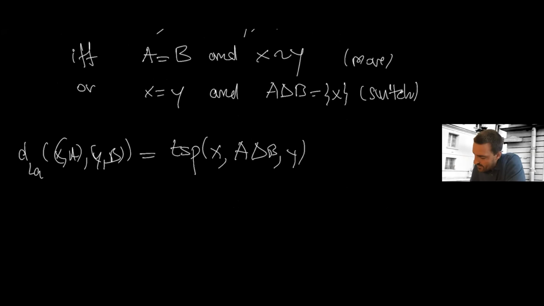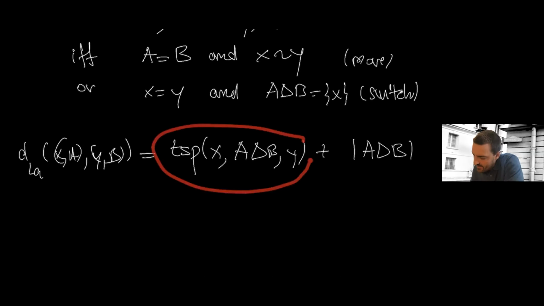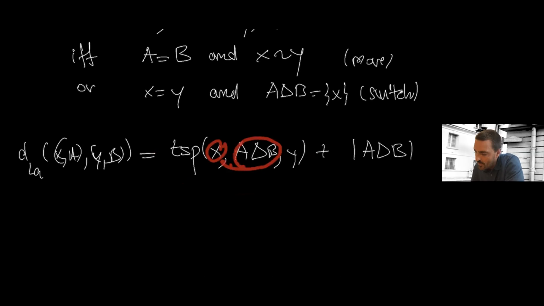You also need to account for the cost of switching the lights on and off. This part here is a traveling salesman problem, which starts at X, visits all the points in the symmetric difference, and then finishes at Y. The points in the symmetric difference are the points that have to be switched on or off.